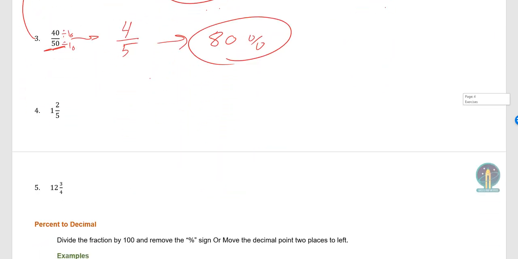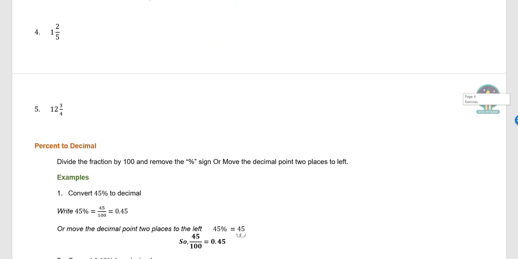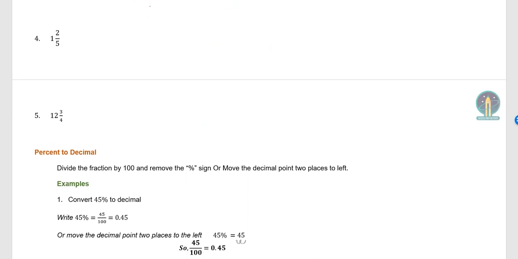Okay? 1 2/5. So that is actually equal to, 5 times 1 is 5, plus 2 is 7 out of 5. So now I've converted from a mixed number to an improper fraction. Okay, 7/5.